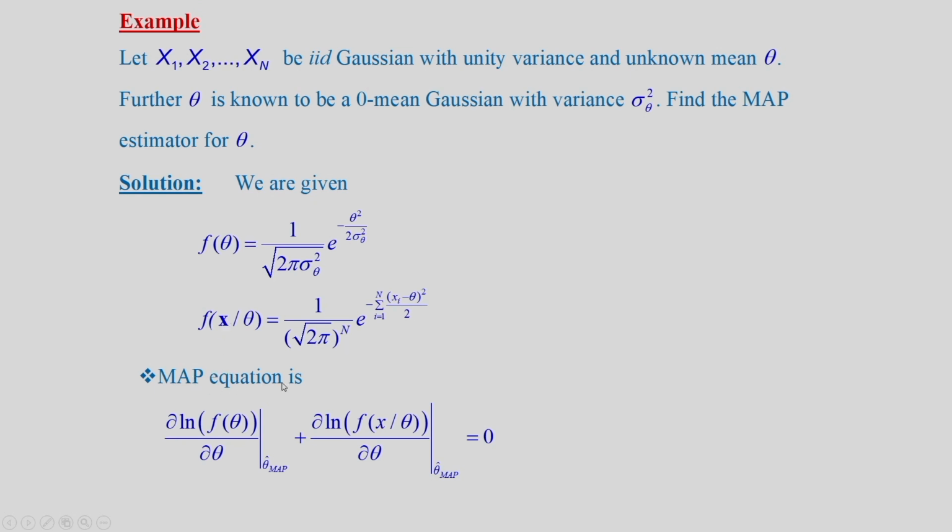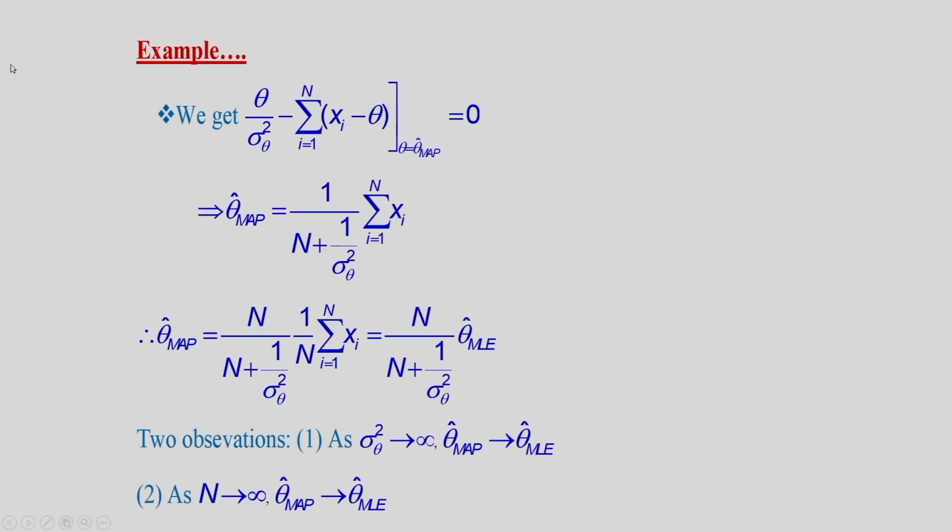Now, we will consider the MAP equation: del theta of log f theta plus del theta of log f x given theta at theta equal to theta hat MAP must be equal to 0, and this will give us this relationship: theta by sigma theta square minus summation xi minus theta, i going from 1 to n, at theta equal to theta hat MAP is equal to 0.